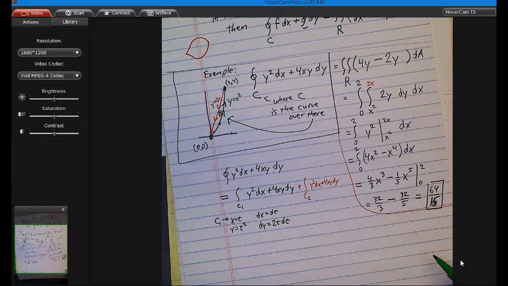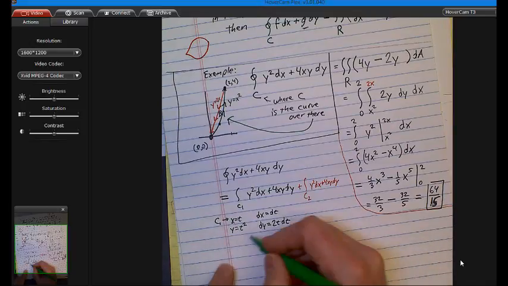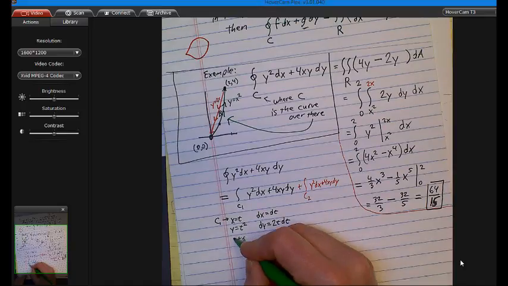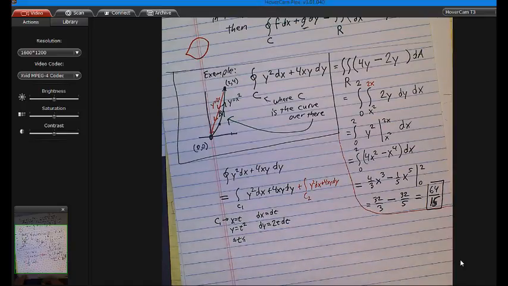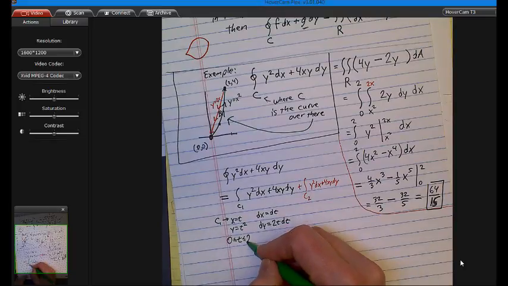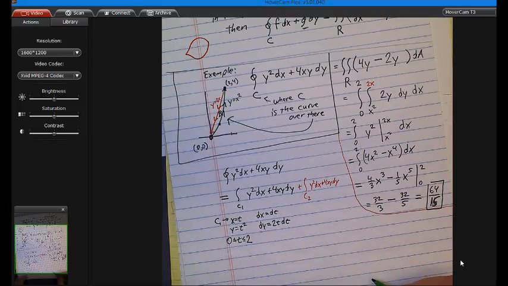One more thing that's very important about this curve: you need to establish what the limits on t are to traverse the curve. 0 to 2. Since t is the same as x, we're going from 0 to 2. Let's try the same game with the brown curve, and then we'll do the calculations.